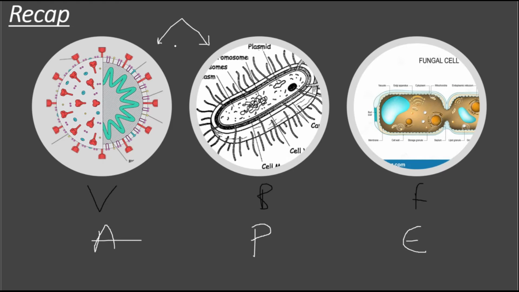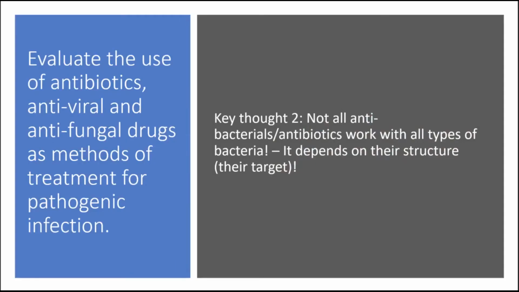It has a very small amount of genetic material inside it, whereas a bacteria has pili, a cell membrane, a bacterial chromosome, a plasmid, a flagellum and so on. If you don't understand that, please go back to the lesson on the structure and function of a bacteria and virus. If you've come to this slide, I'm assuming that you're all good, you know it.